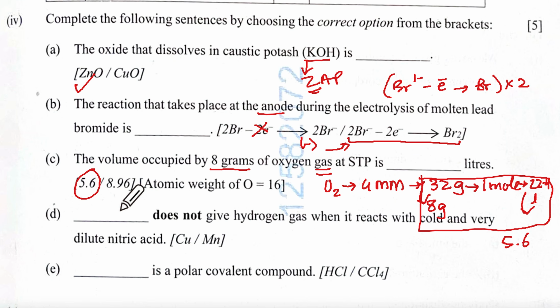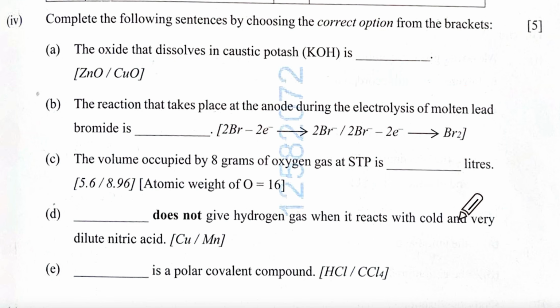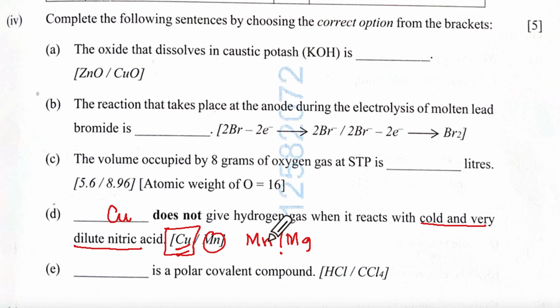Okay, we come to the D part. This does not give hydrogen gas when it reacts with cold very dilute nitric acid. Now cold very dilute nitric acid reacts with Mn and Mg. So Mn is here, which is not here, Cu. So it will be Cu. You don't write copper the way they have given, that only you have to provide.